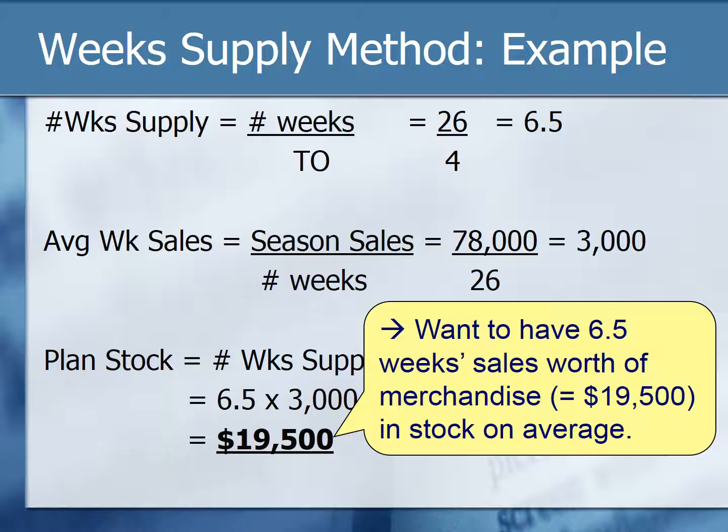Instead, we plan one stock level, which is the average stock level, and we want this average stock level to be maintained all the time, right? So for every month, the BOM should be this planned stock level, and the EOM should be again this stock level. So BOM, EOM, whenever in the middle of the month, the stock level should be all similar, around $19,500, and that's the concept of this week supply method, which is different from the SSR method.